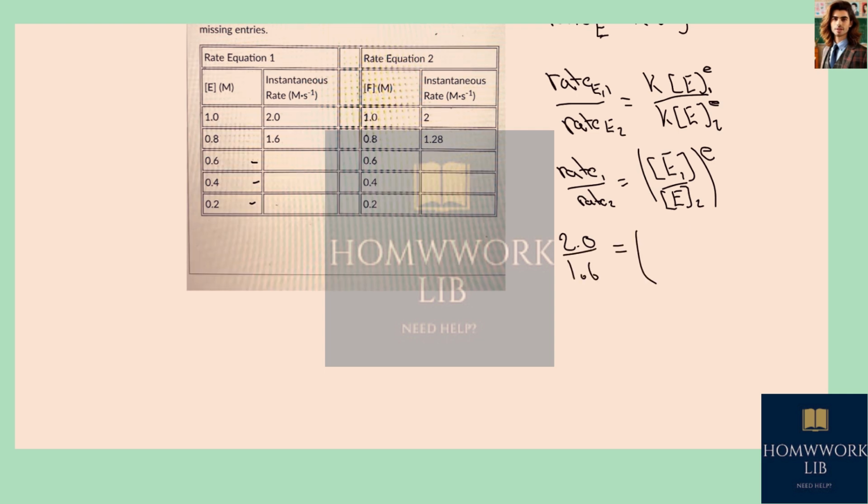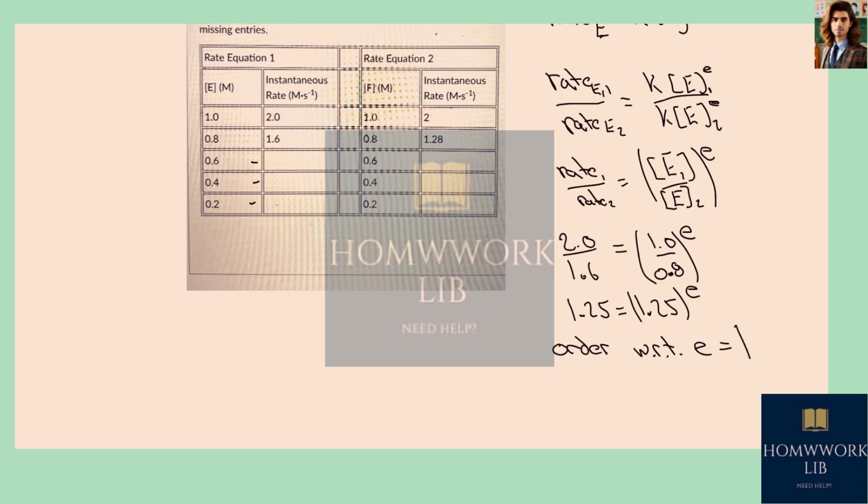And the corresponding concentrations are 1.0 and 0.8, elevated to the E. So this gives us 1.25 equal to 1.25 elevated to the E. So it seems straightforward. The order with respect to E is equal to 1. So we are going to employ the first order rate equations.